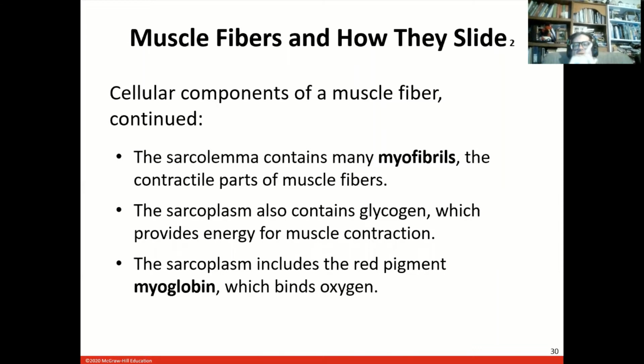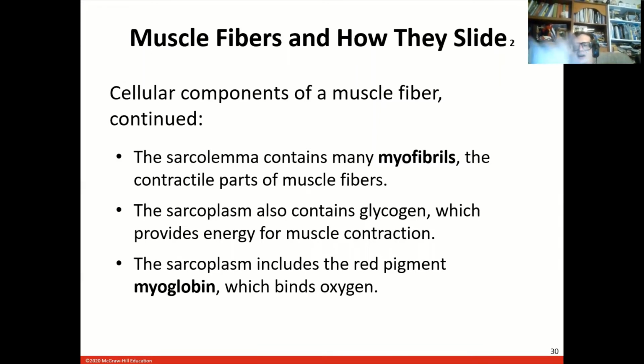Cardiac muscle. The heart at rest, not when it's working faster than normal or something like that, but the heart at rest runs on fatty acids more than sugar. You have some tissues like the brain that only run on sugar. Anyway, moving on. The sarcoplasm includes myoglobin, which binds oxygen.